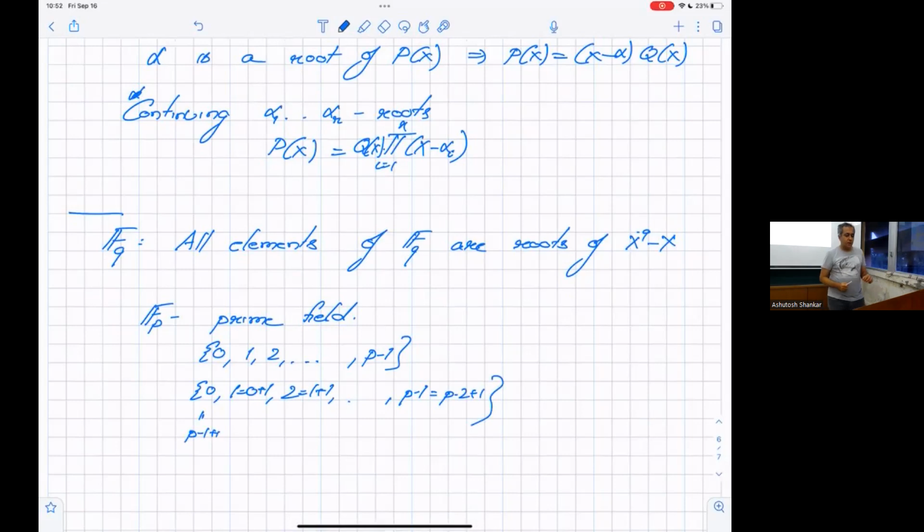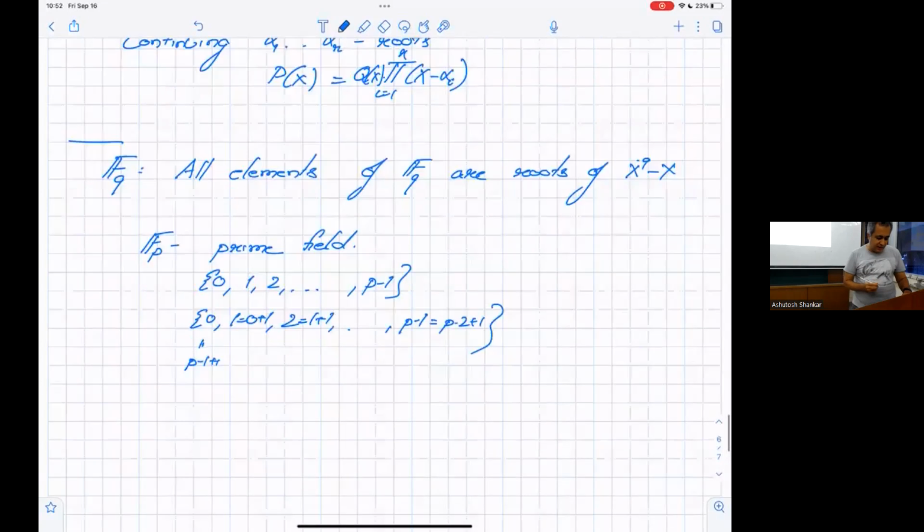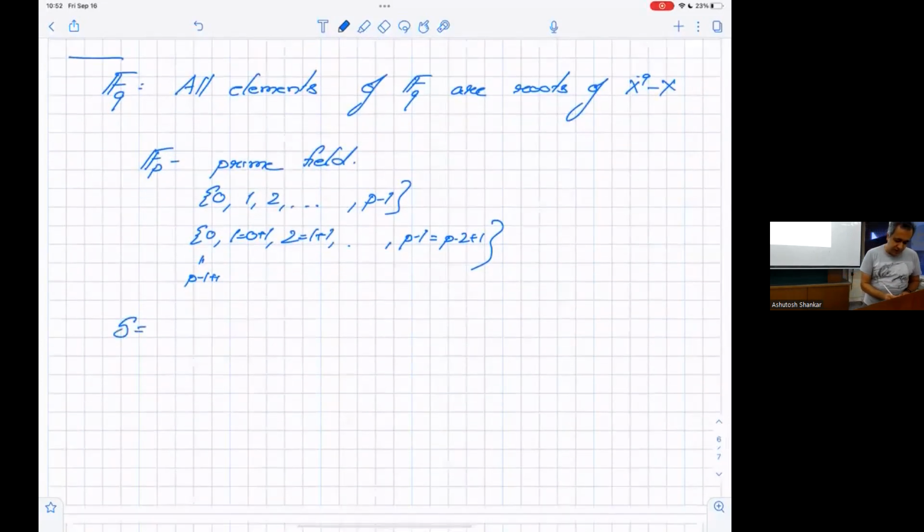So let's look at the case when the evaluation point set S is F_p, and I use this particular order 0, 1, 2, 3 up to p minus 1.